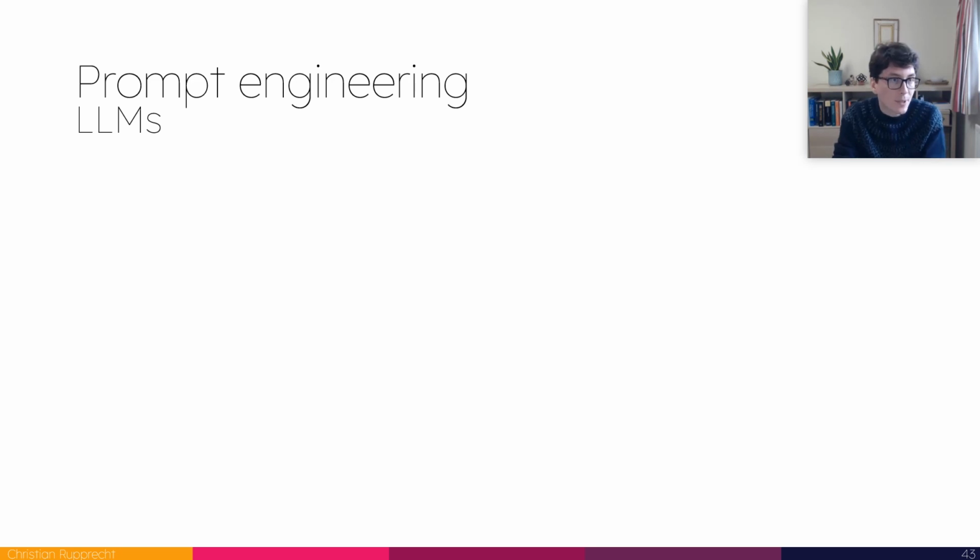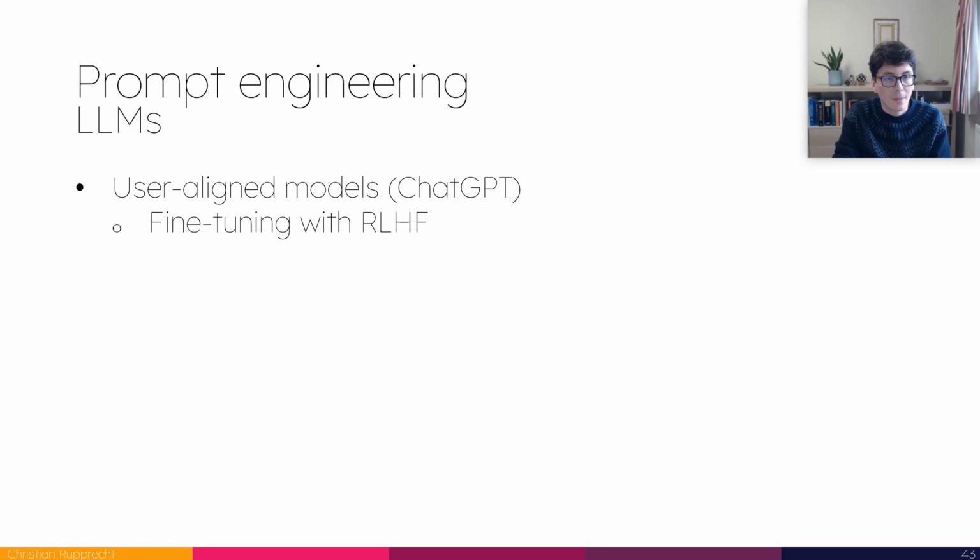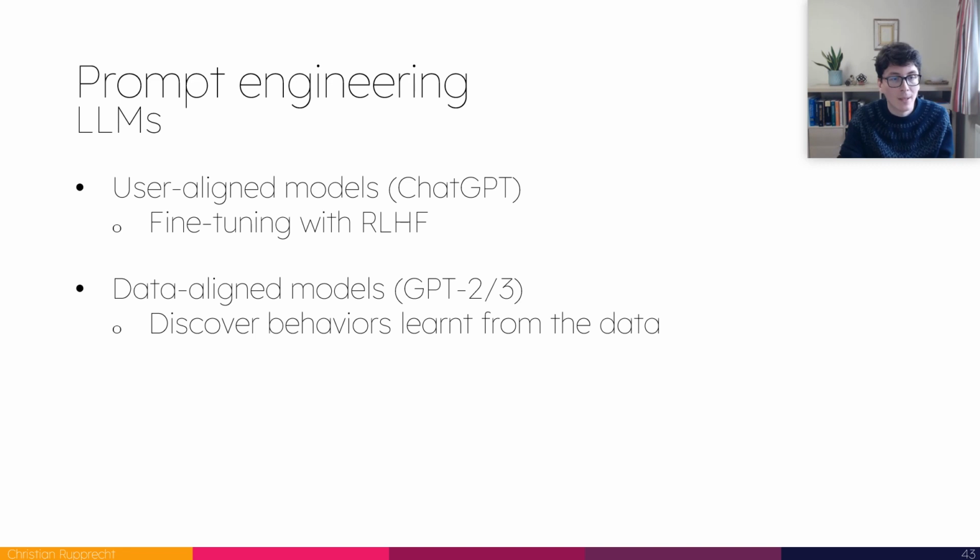So how does prompt engineering work for large language models? These large language models that everyone is using, like ChatGPT, have been fine-tuned with human feedback, which we call user-aligned models.